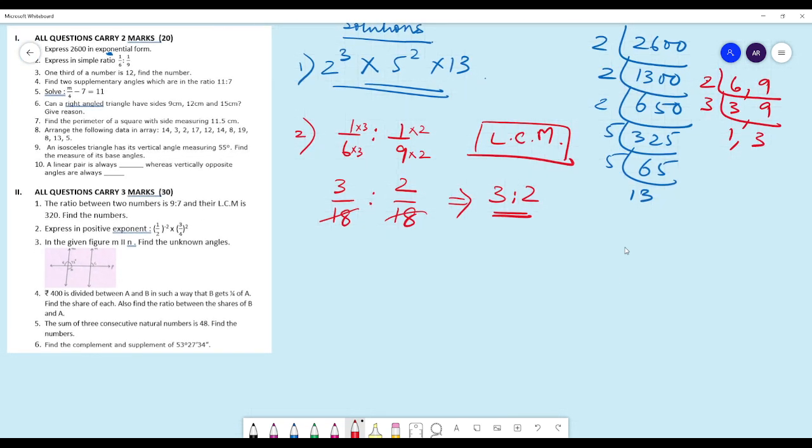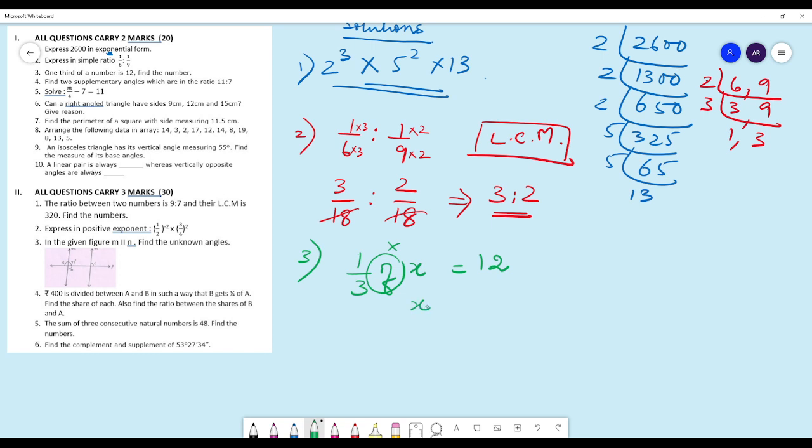Now let us move on to the third question. Again, let me change the colors so that it is easy for you to understand. 1/3 of a number is 12. Find the number. This is related to linear equations where there is an unknown number. So what we are saying is 1/3 of an unknown number is equal to 12. Now 'of', as you all know here, we can substitute it with multiplication.